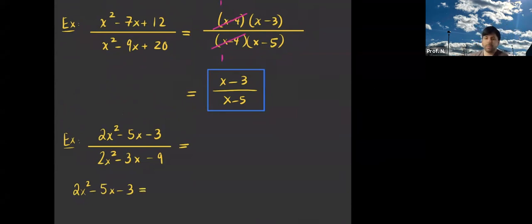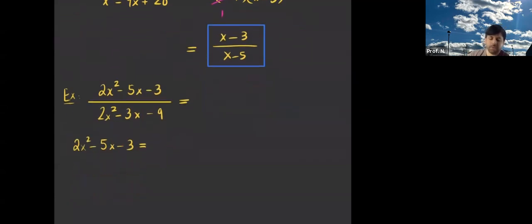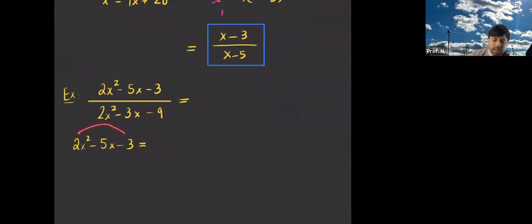Now remember, for this one, you can't just find two numbers that multiply to negative 3 and add to negative 5. You have to do an extra few steps. Remember, the few steps is what? The 2 and the negative 3 gives me negative 6, right? And then my question is, what multiplies to negative 6 that adds to negative 5?